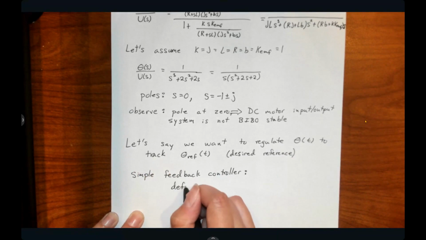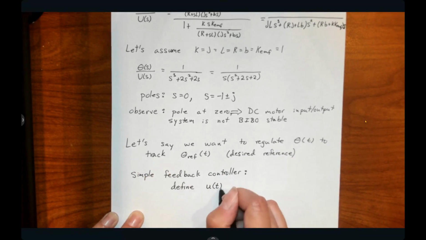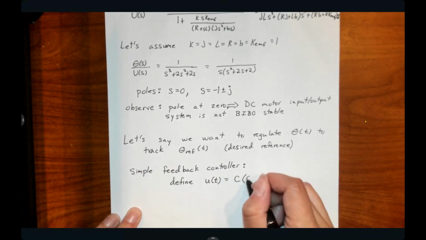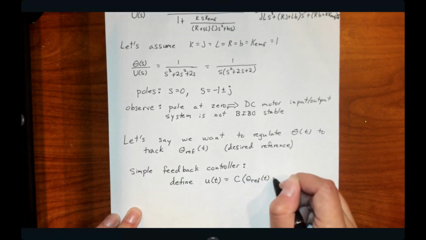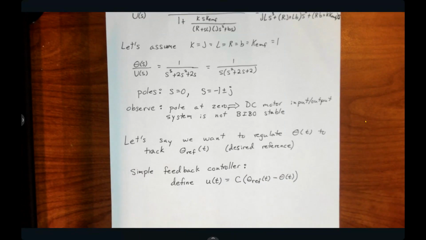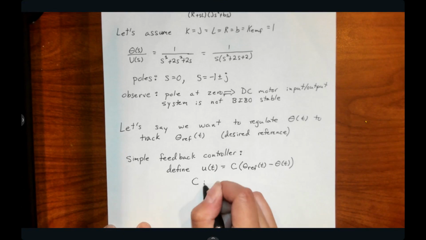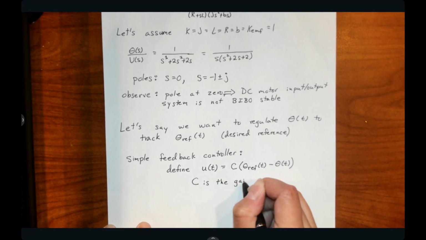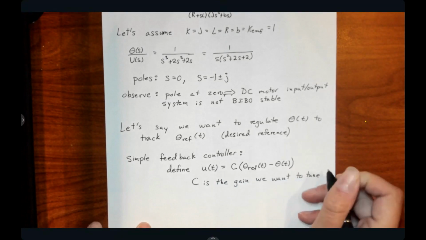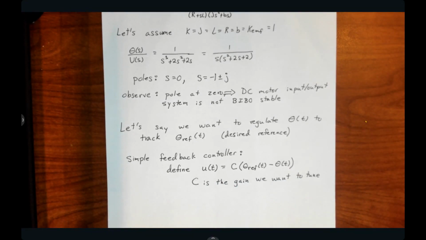Let's say that the voltage that we apply to the motor is going to be based off of the difference between where we want the motor to be and where it actually is. If you've done anything with controls, this would be a proportional control. So C is going to be our proportional gain, and we're going to want to tune, or choose, that value in such a way that we can satisfy some conditions.